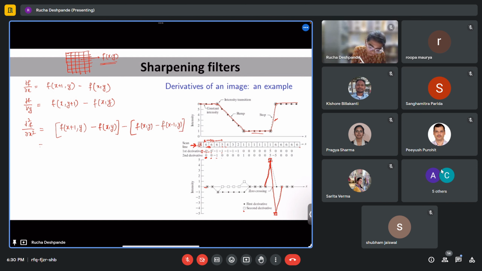The expression for the second derivative would be written similarly, and similarly we can write the second derivative along the y direction.